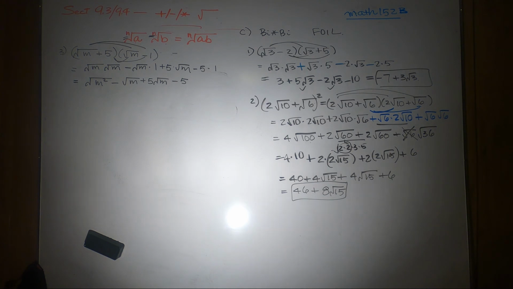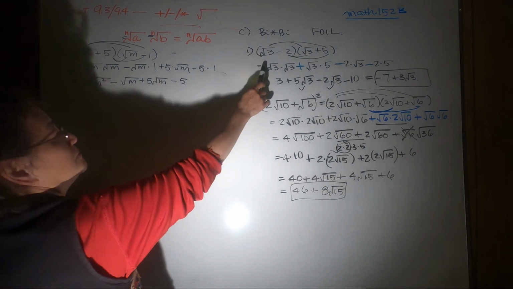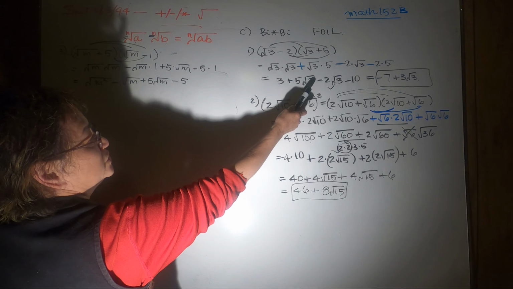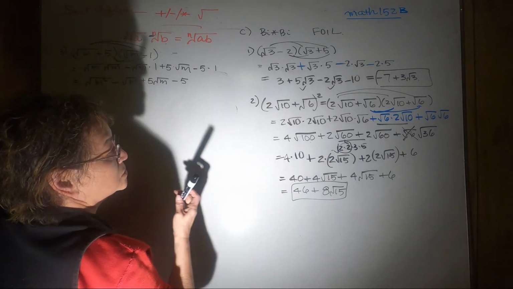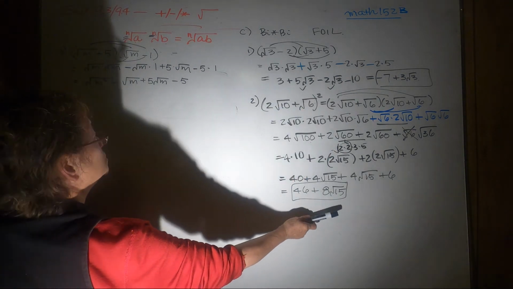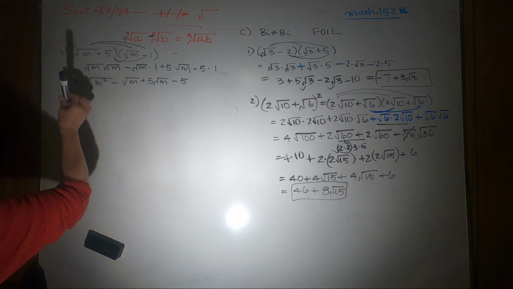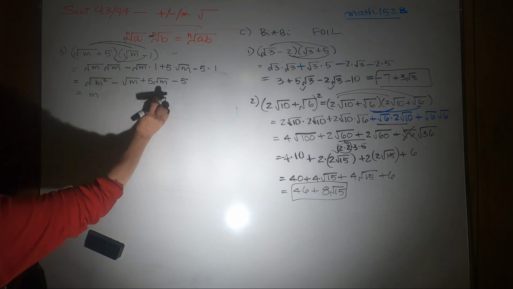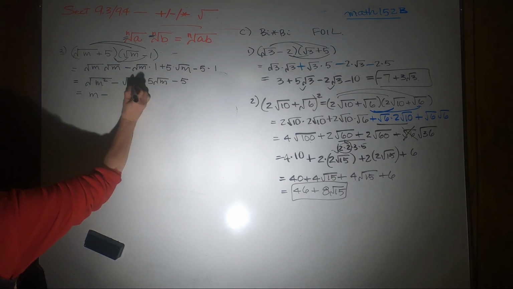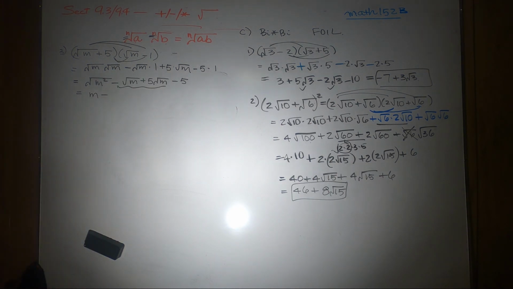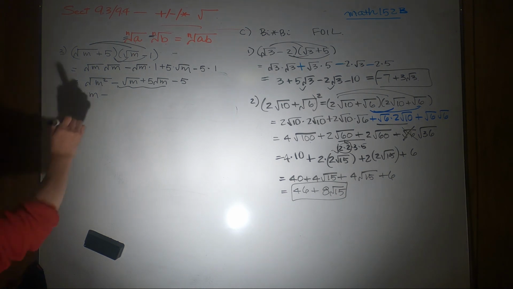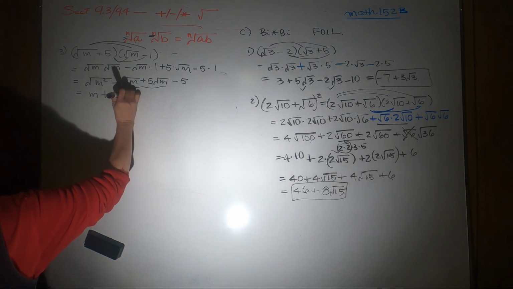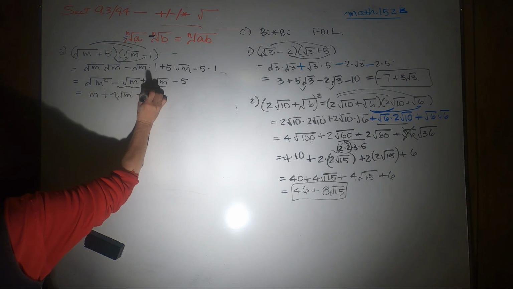Then this one is negative 1 square root of m plus 5 square root of m, minus 5. See, when we multiply them, we end up with some numbers and some numbers with your radicals. Then square root of m times square root of m is m, and these two are like terms. Negative 1 plus 5 is positive 4 square root of m, minus 5.